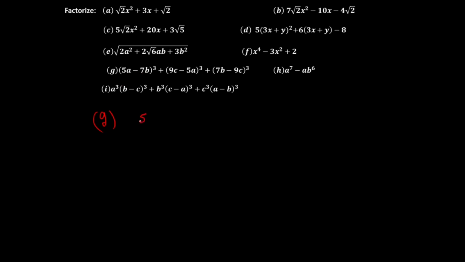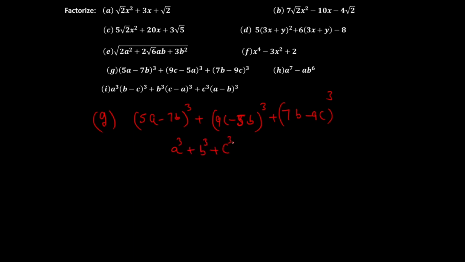In G part, what we have: 5a minus 7b whole cube plus 9c minus 5b whole cube plus 7b minus 9c whole cube. This is of this kind of identity, if a plus b plus c equal to 0.